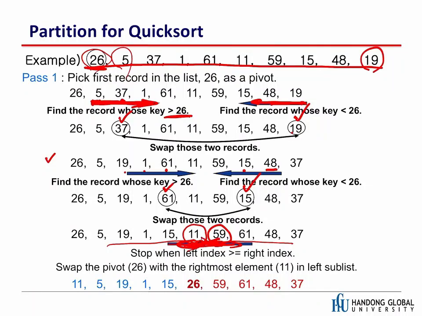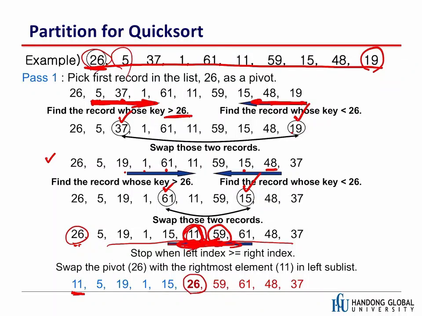And then we swap these two elements, 26 and 11. 11 is smaller than 26, so it doesn't matter where it is as long as it is on the left side. So 11 goes here, and 26 is here. So now 26 is actually the pivot number.